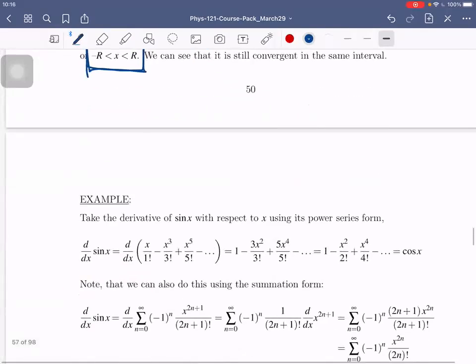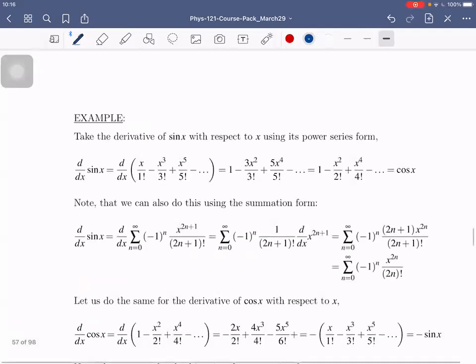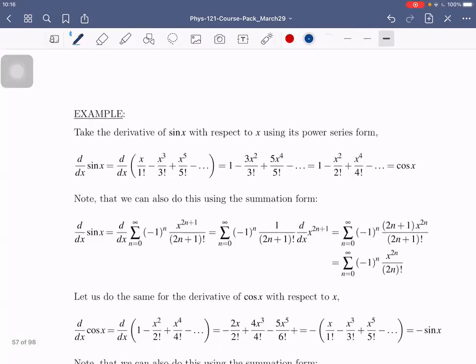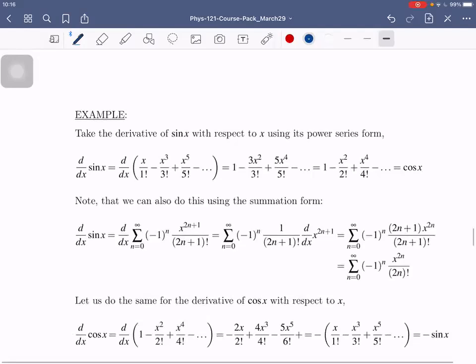Okay. So let's have an example para malinaw. So let's take the derivative of sine of x with respect to x. So tandaan nyo, ang derivative ng sine x ay cosine x, diba? So, but let's use the power series form ng sine x. So doon sa previous section natin, 2.1, we have shown yung Maclaurin series expansion ng sine of x.